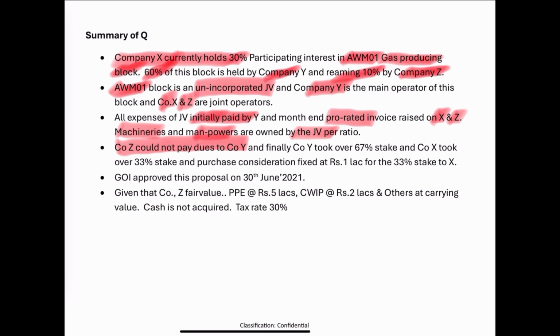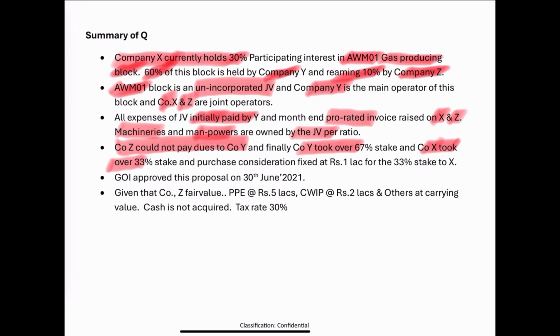Then the sum says they went into some kind of litigation and it finally concluded that company Z will be taken over by both company Y and company X. Company Y will take over a 67% stake of company Z, and company X will take over the remaining 33% stake.